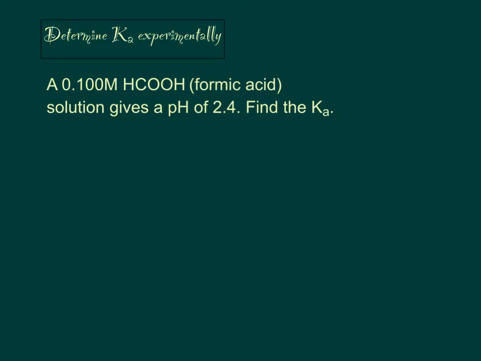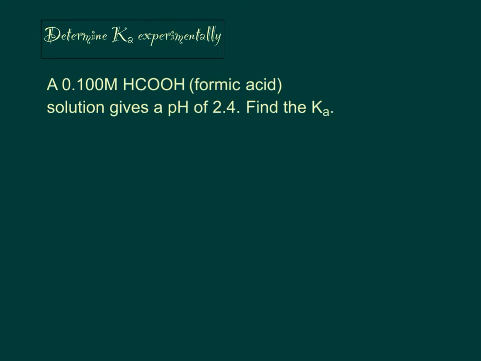Acetic acid is also known as ethanoic acid. This is known as methanoic acid. So if you remember some of your organic stuff, I'll just give you that little information before we get started, to tie it into what we've been doing. So a 0.1 molar solution gives a pH of 2.4.